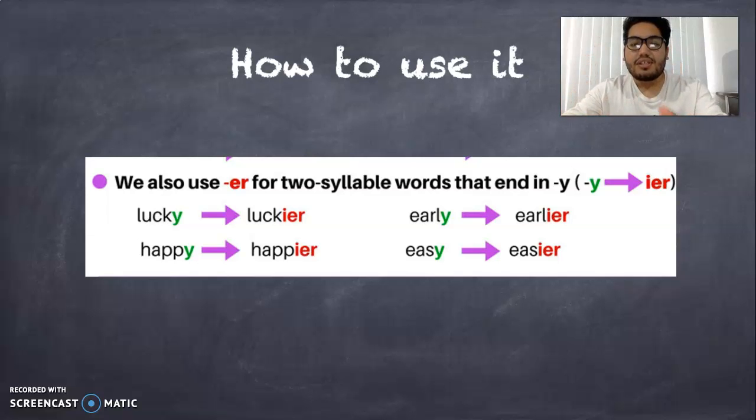Let's say, for example, it's easier to draw than to do math. We're comparing two things: drawing and doing math. So, it's easier to draw than to do math.